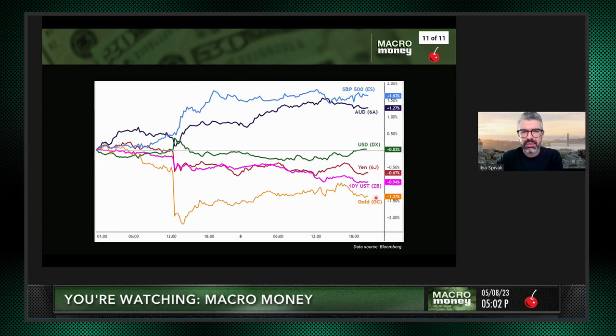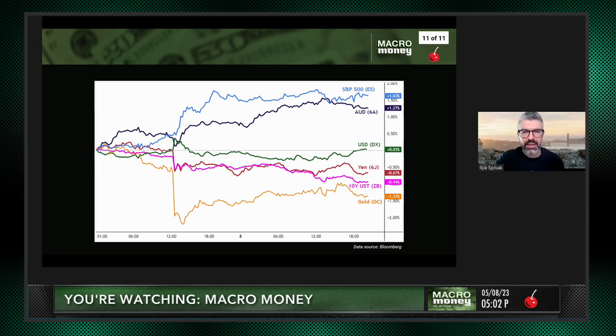Gold down. So all of this really breaks down to, here was a good piece of data. Yields went up. That would be how the yen, bonds, and gold are lower. And in that environment, risk improved.